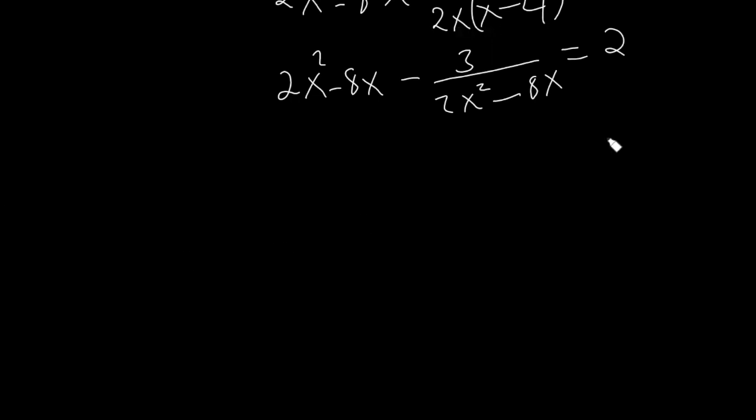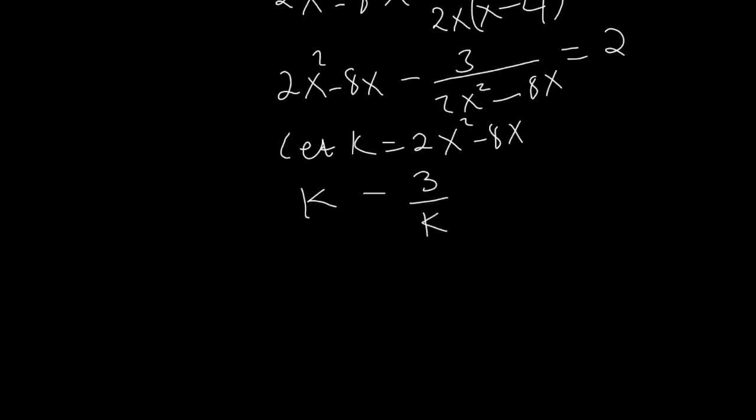Right, so let's continue. As we can see this is the same as that, so we're going to let k equal 2x squared minus 8x. Where there is 2x squared minus 8x, we let k there. Divided by k is equal to 2.